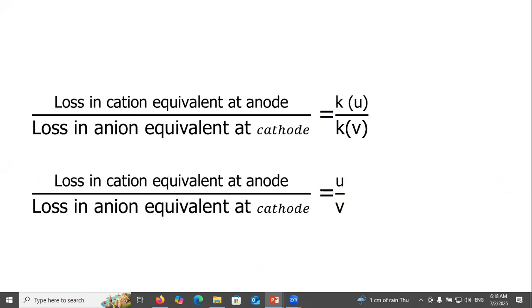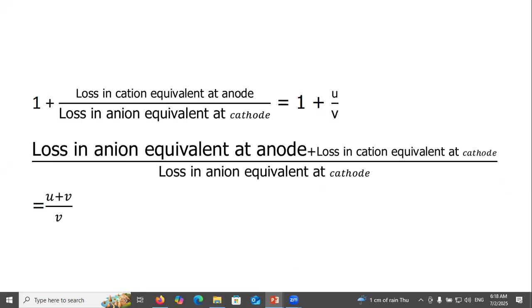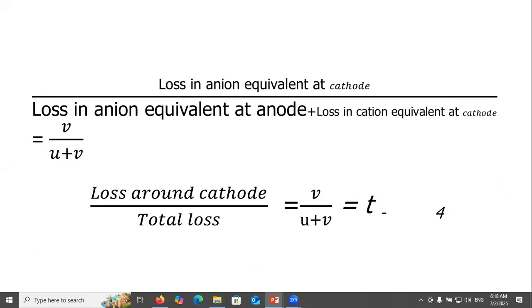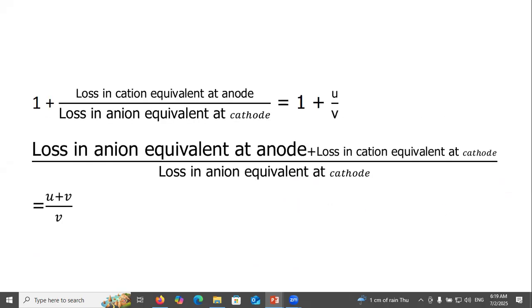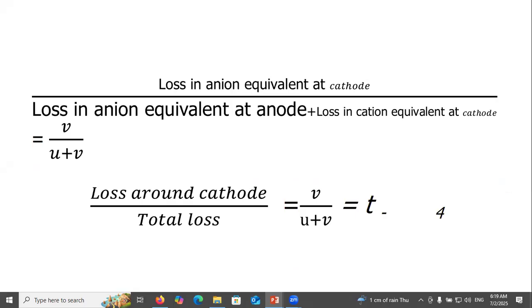Loss in cation equivalent at the anode over loss in anion equivalent at the cathode is kU over kV, so U over V. Adding 1 on both sides, we get (U + V) over V. Again, solving, V over (U + V), loss around the cathode over total loss, equals V over (U + V), equal to T-, equation 4.